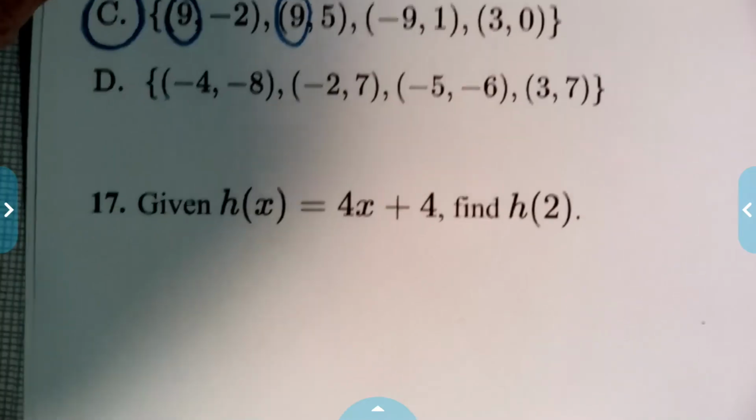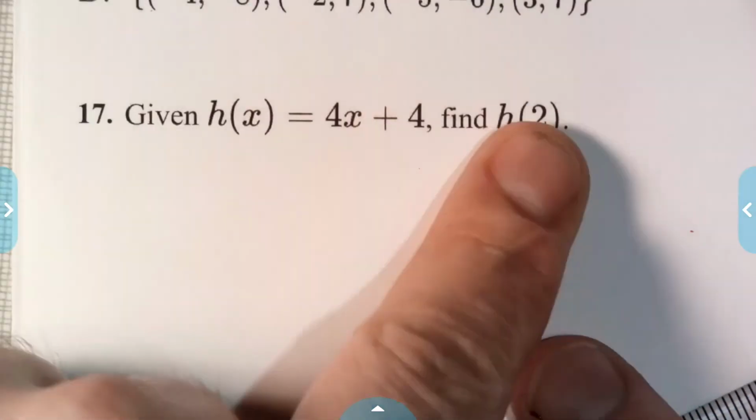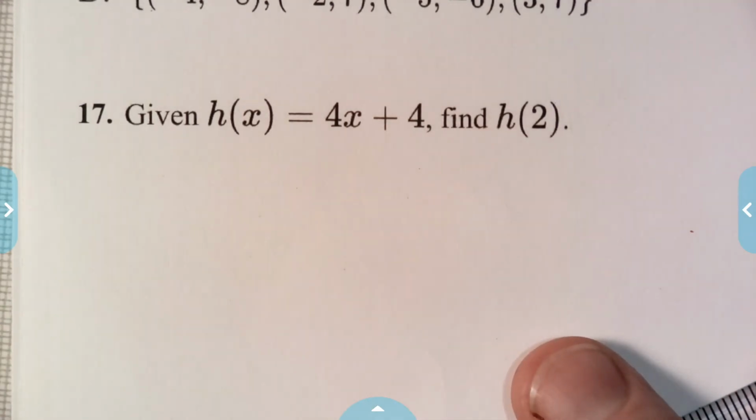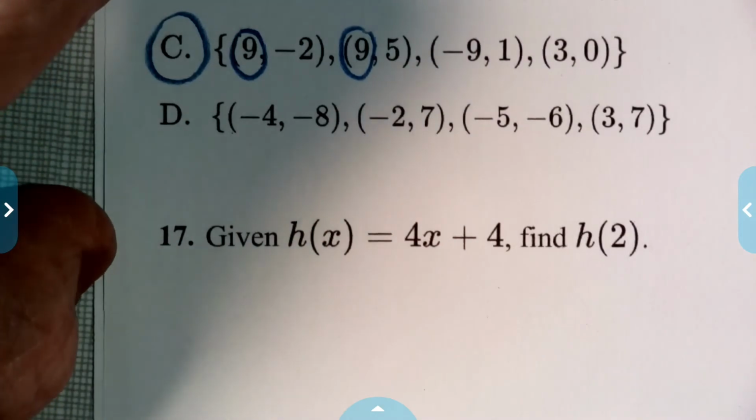Okay, on number 17, we're given a function and we're asked to evaluate that function at an integer.